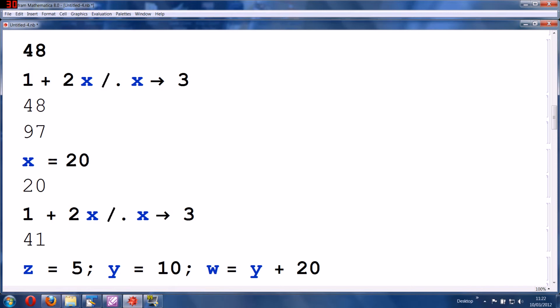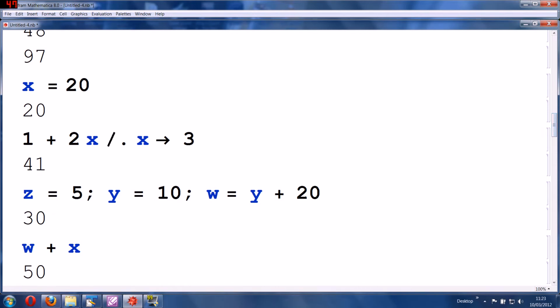To apply a transformation rule to a particular mathematical expression, you type the expression and then /rule. The replacement operator /. is typed as a pair of characters with no space in between. And you can replace x with any expression. Obviously, I put it as 20, then that's doubled it and added 1, and that comes up with the answer.